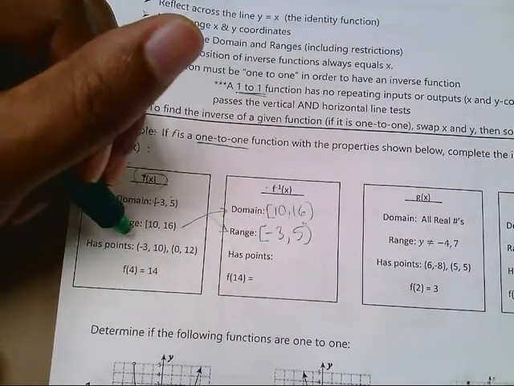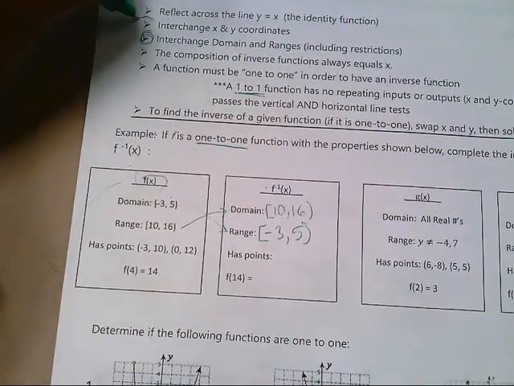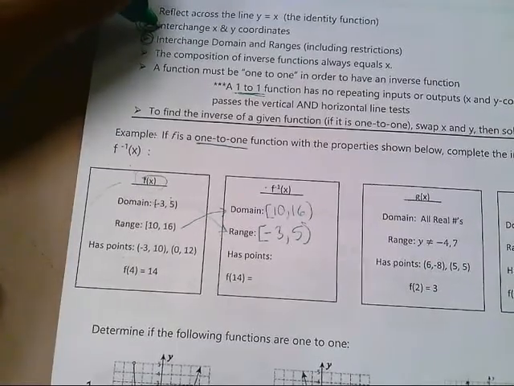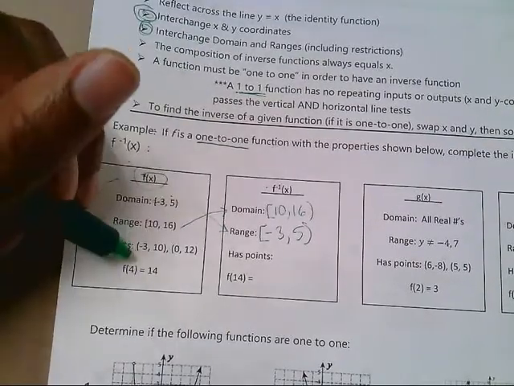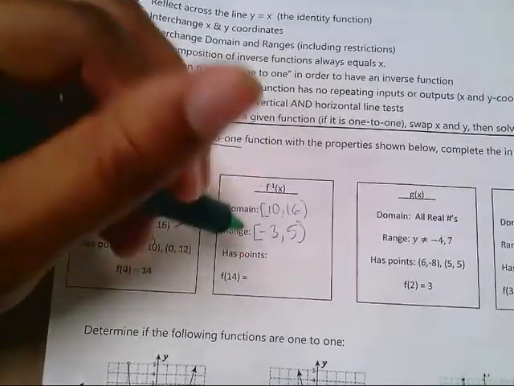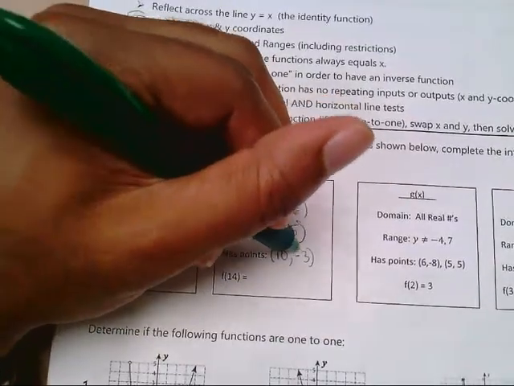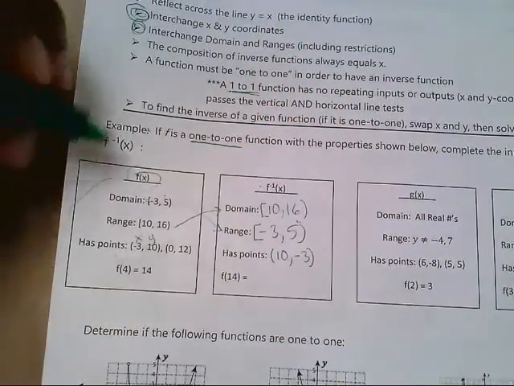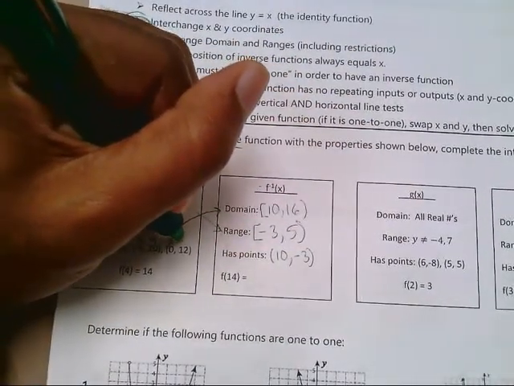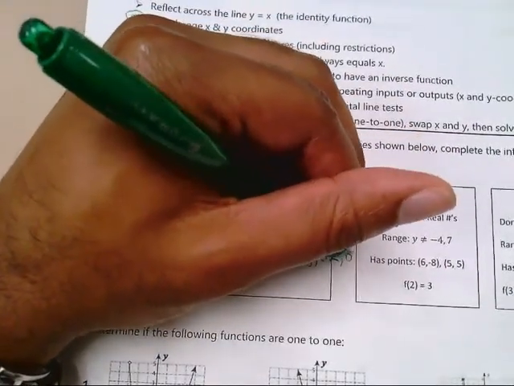And if you have the points on the graph that are listed here, notice we are going to be interchanging our x and y coordinates now. So if there is a point at (-3, 10), this is going to have a point at (10, -3) because the x and y coordinates have been switched. Likewise, the (0, 12) point is going to switch to being (12, 0).